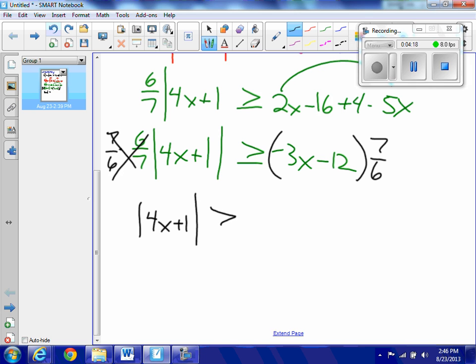It's greater than or equal to, so now let's distribute my 7/6 over here. Well, my 6's can cancel, my 6 and my 3 can cancel out, so that's going to leave me with negative 7/2 x, and the 6 and the 12 can cancel out to be a 2, so minus 14.